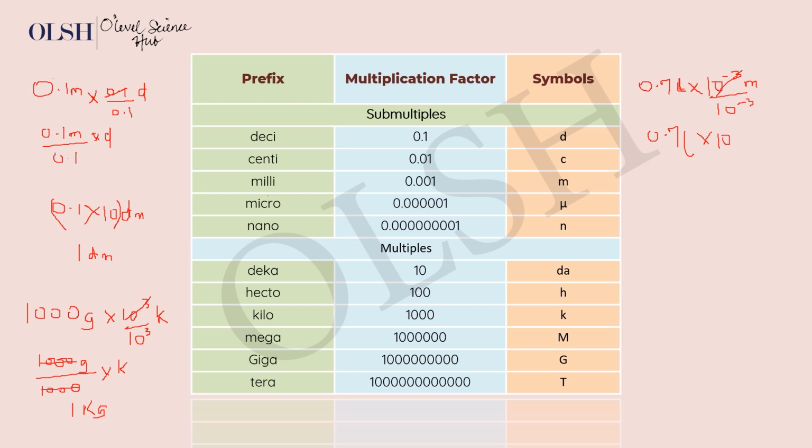Of course, the negative has to give way because it has been moved upwards. And all this is now multiplying the milli outside there. So of course this is going to be 700 milliliters.